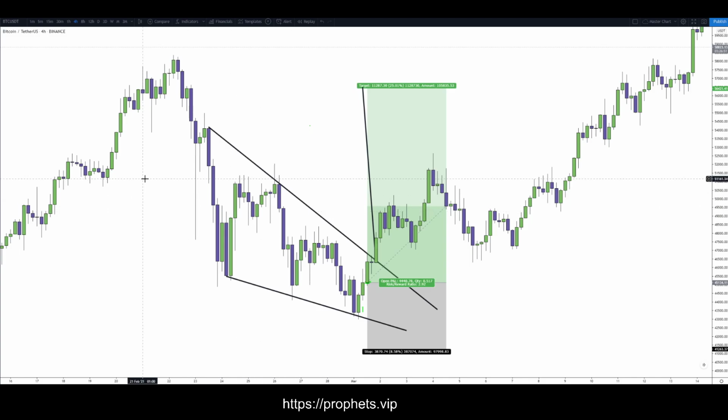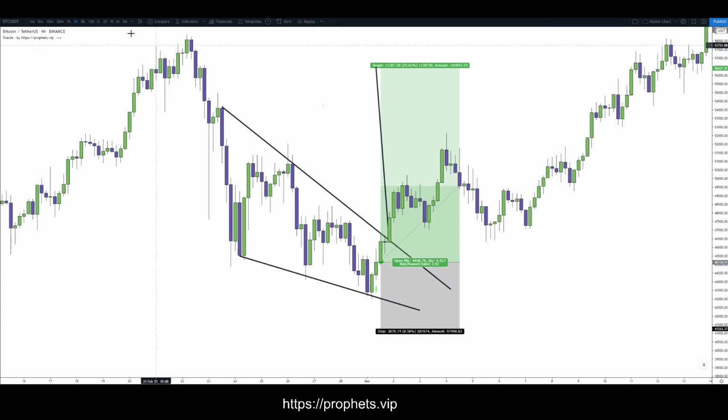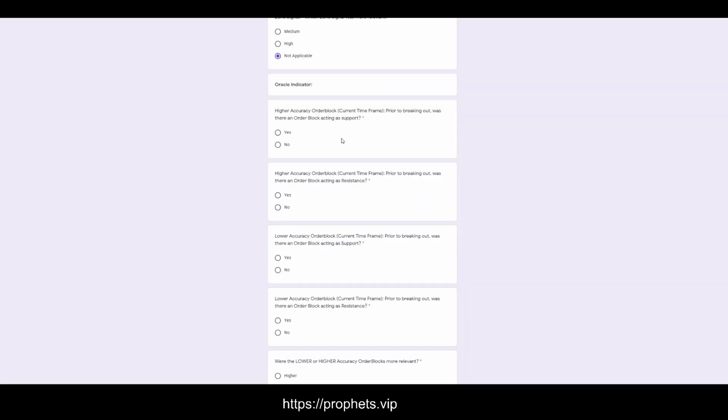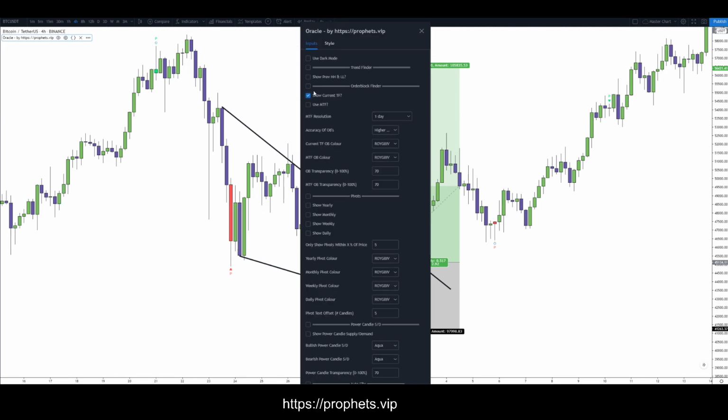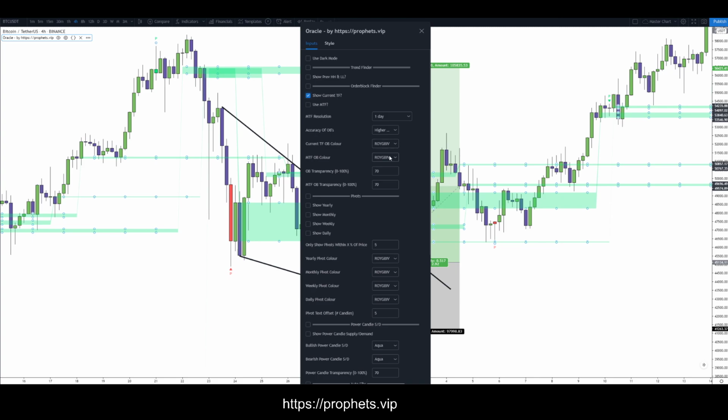We'll get rid of that off the chart, and then we'll now bring up Oracle. Sweet. Higher accuracy order block, current time frame, prior to breaking out. Was there an order block acting as support? Alright, so let's go and throw order blocks on for current time frame. Alright. Cool.